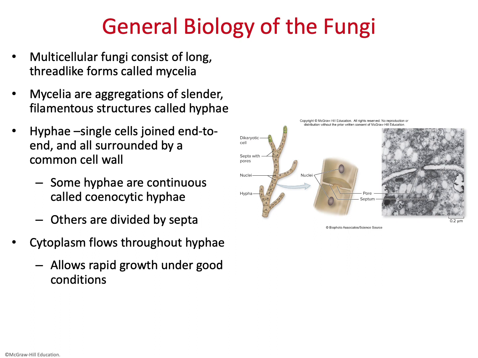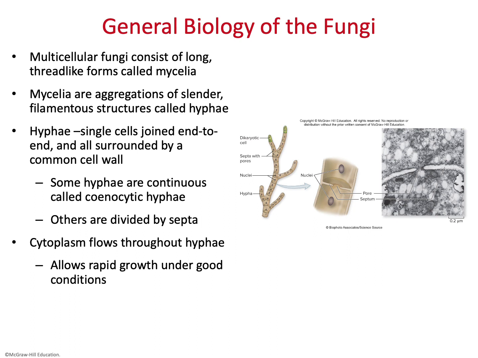Some hyphae are continuous, and are hence called coenocytic, while others are separated from one another by a perforated wall called a septum. This septum allows the flow of cytoplasm, making them effectively one large cell.